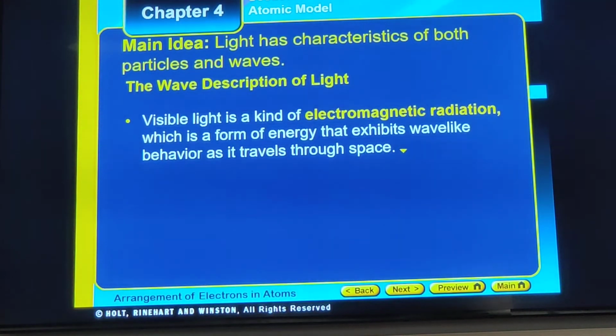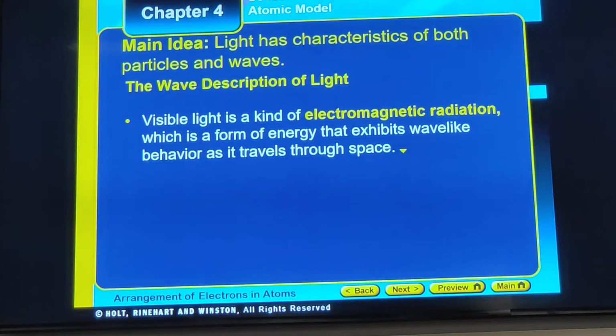Now, one of the things that we probably need to remind ourselves about is back in physical science, we talked about, is light a wave or is it a particle? And they had people that supported both positions. And by the time we got to the end of the 1800s, the predominant belief is that light is made out of waves, okay?